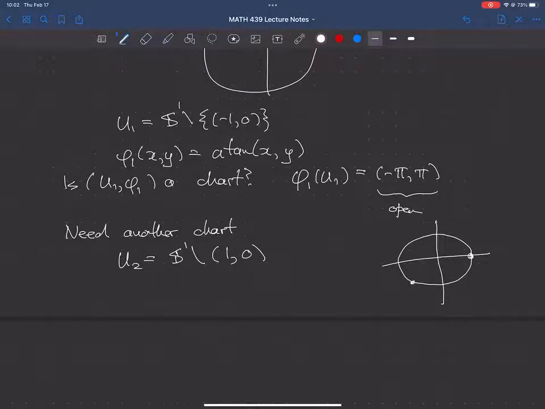I take a point here and measure a positive angle like that. That's going to be my theta 2. If I take this point xy, theta 2 is equal to theta 1 for the point minus x, minus y. So phi 2 of x, y is atan of minus x, minus y. So this is also a chart.